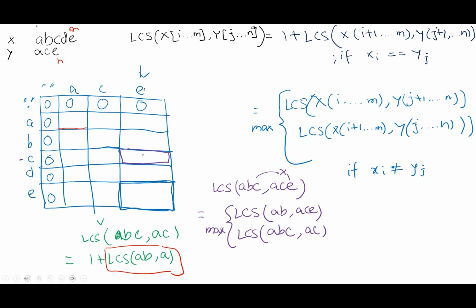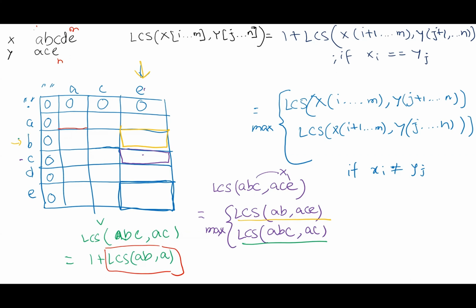Okay, so let's identify the cells for these two. LCS of AB and ACE is going to be here, right? So this is the cell for this. And the other one is LCS of ABC and AC.